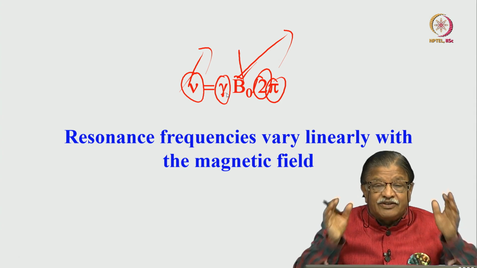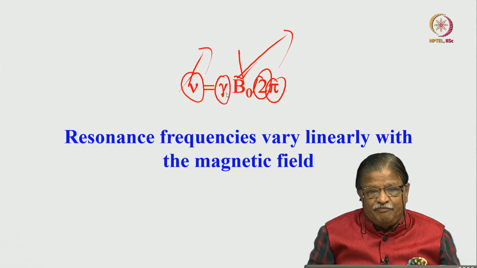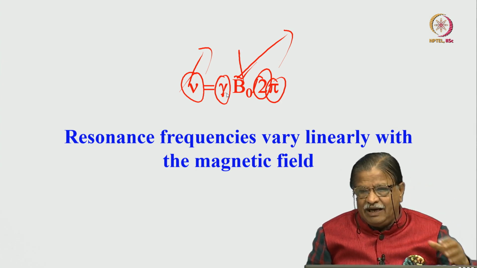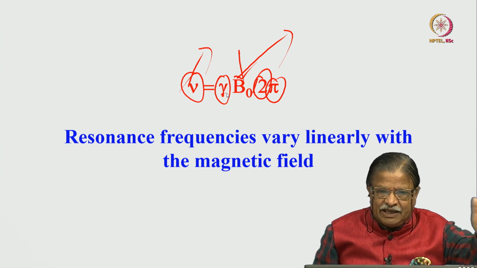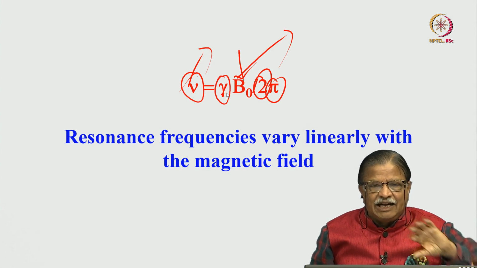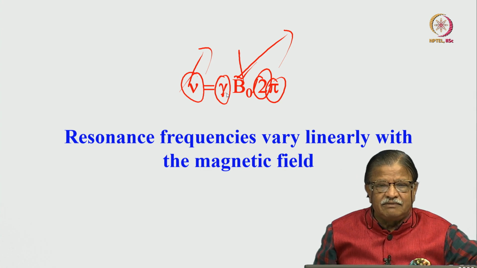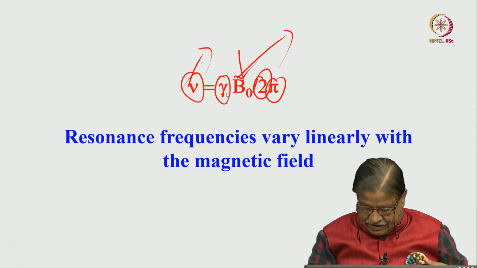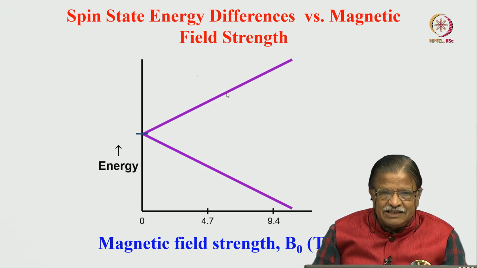That means the resonance frequency varies linearly with the magnetic field. If I have a magnet and I get the resonating frequency for a given nucleus, like proton or carbon, nitrogen, whatever it is, and I double the magnetic field, I simply have to double the resonating frequency. The resonance frequency gets doubled by linearly changing the magnetic field. And this is what happens.